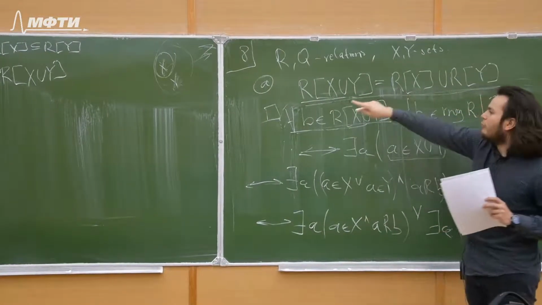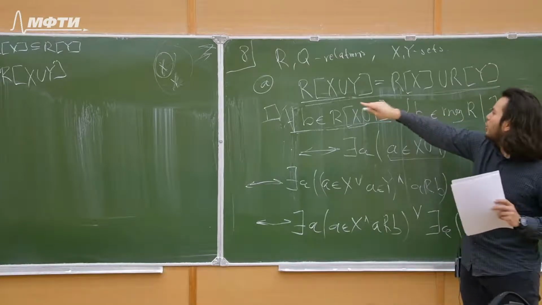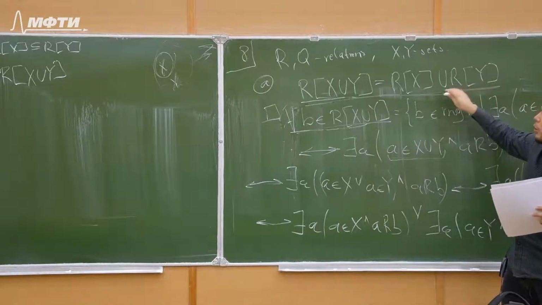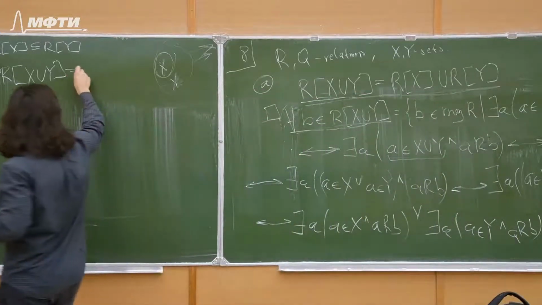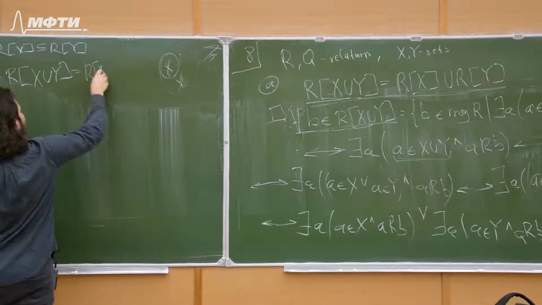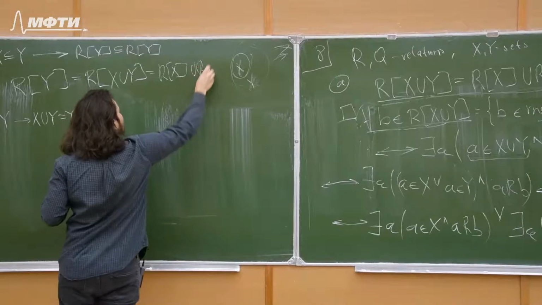So the next step here is to write it like this one here. So this is equal to the union of the image of X and the image of Y.